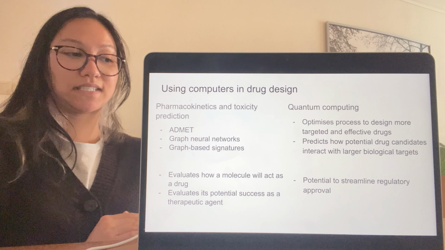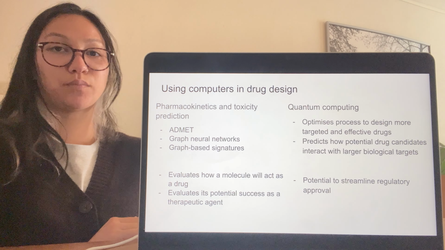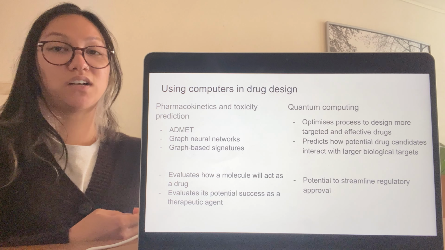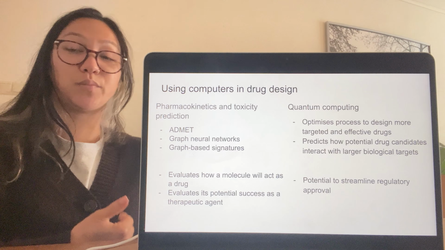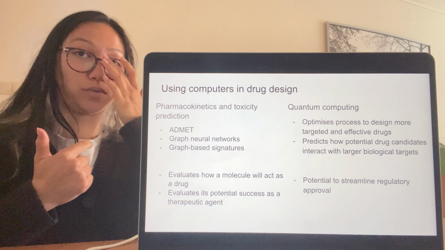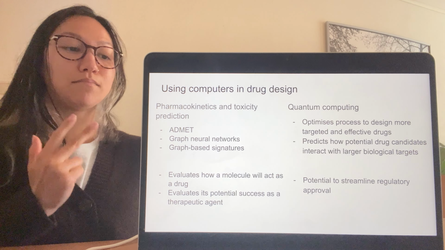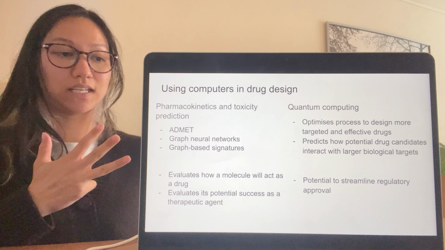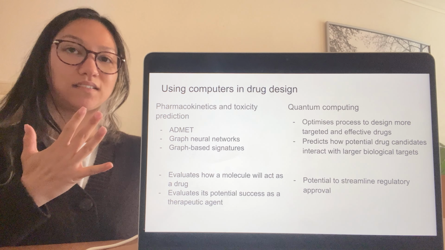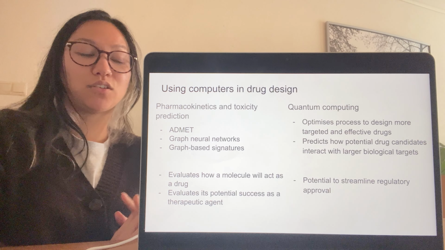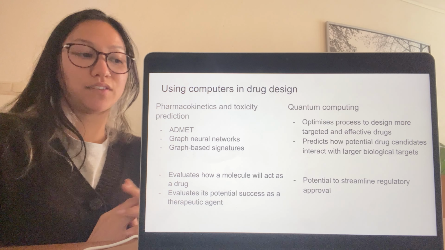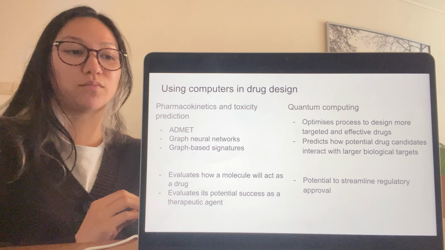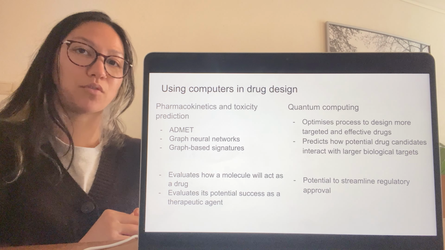So pharmacokinetics and toxicity prediction focuses on ADMET, how a drug will behave in the body regarding the following points: absorption, A; distribution, D; metabolism, M; excretion, E; and toxicity, T. And it's a cost-effective and efficient way as time can be focused onto molecules and compounds that do show promise.